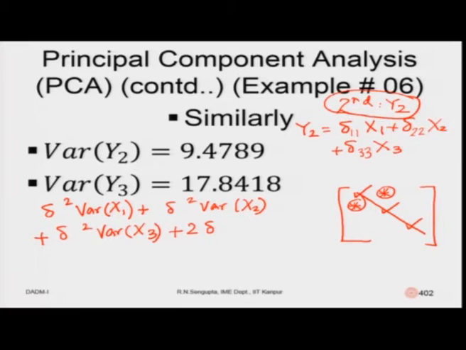Then I will have the values, so I will basically multiply these values. So these are the values which I am multiplying by the covariance of x1, x2. Then it will be twice into these values multiplied.